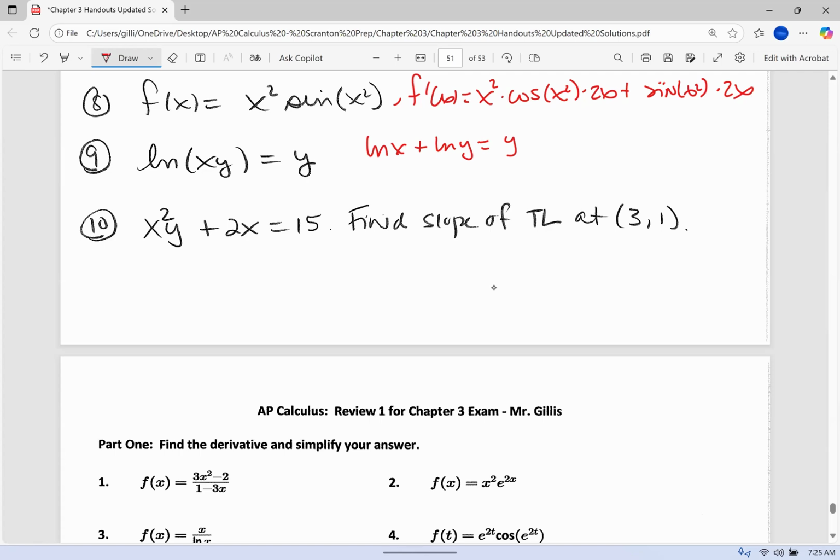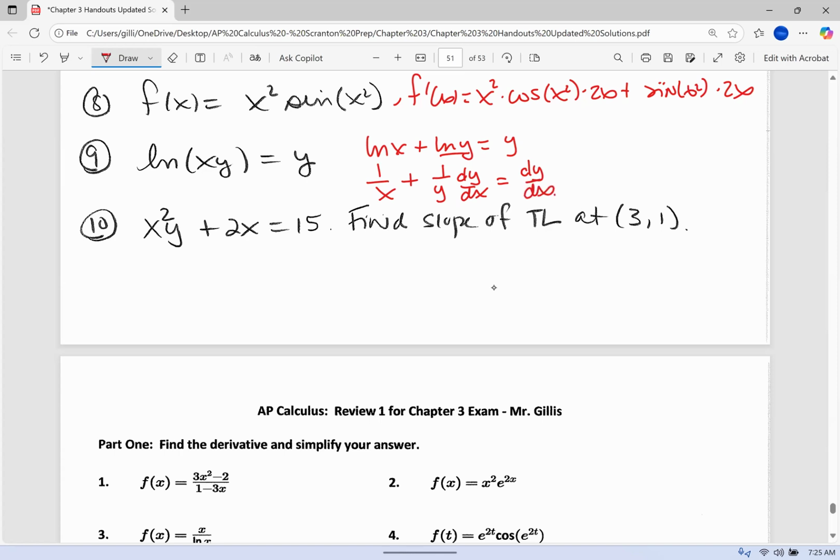The derivative of ln of x is 1 over x, but the derivative of ln of y is 1 over the inside times the derivative of the inside, which is 1 dy dx. And the derivative of y is dy dx.